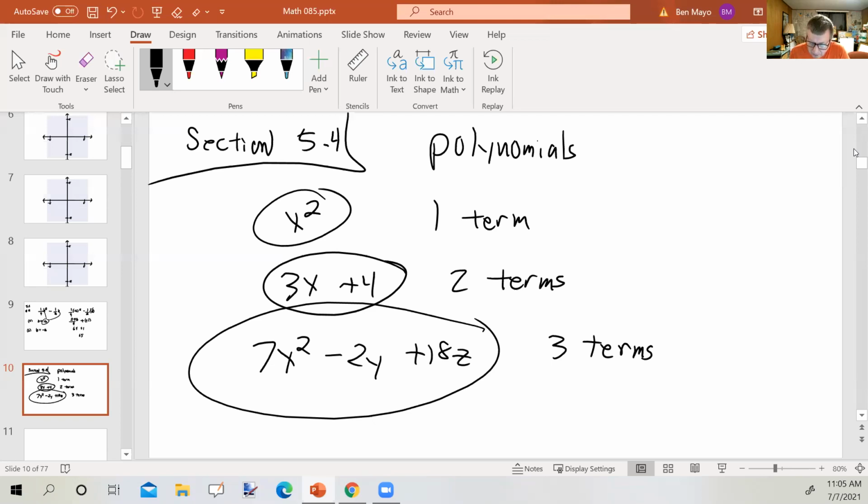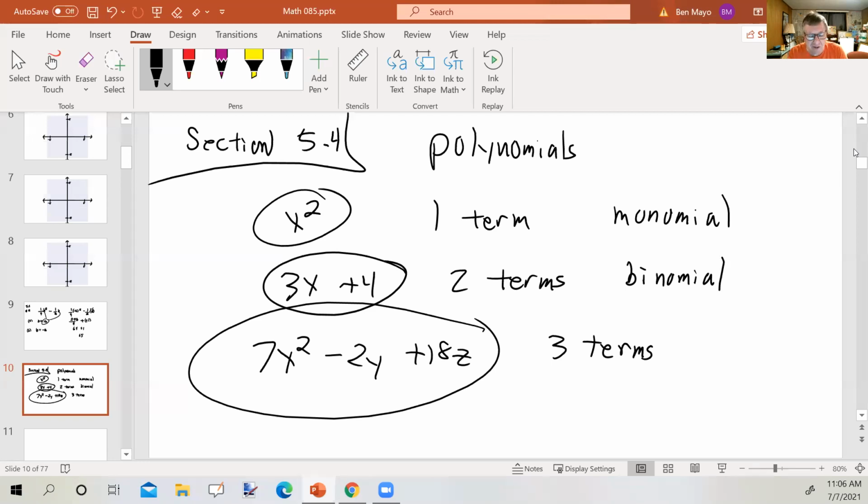Mono means one. So if we have one term, it is a monomial. A bicycle has two wheels. Bi means two, so two terms would be a binomial.